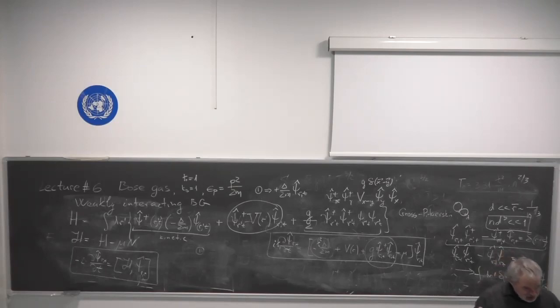I can start with the action. You know how semi-classics is derived. You deal with the action, and your action has a unit of h bar. Therefore, you expand in 1 over h bar. This is a way to get some nonlinear equations for the semi-classics.